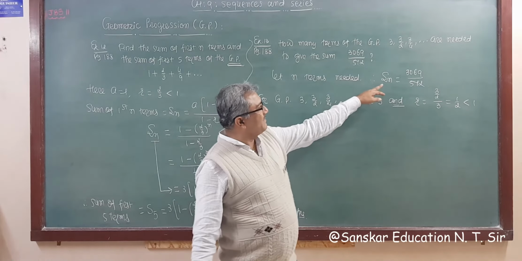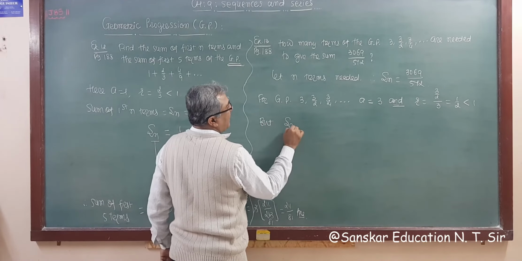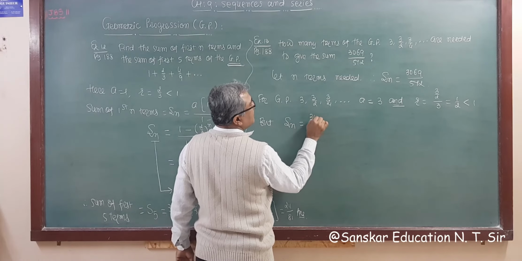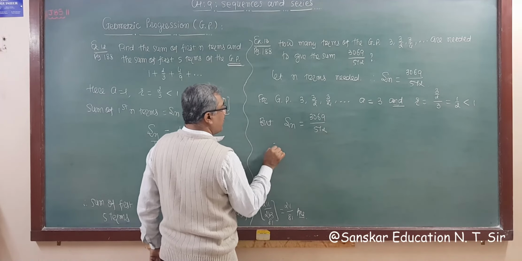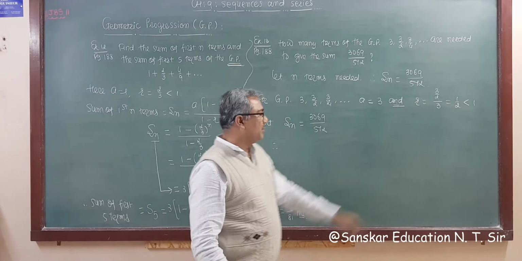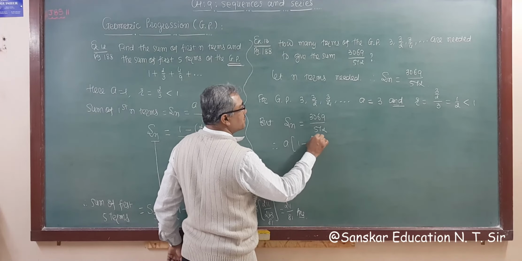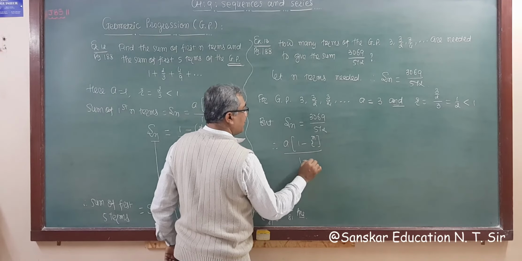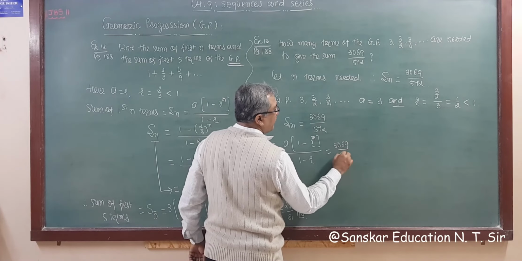Now it is given that Sn is equal to 3069 upon 512. Now the formula for Sn, since r is less than 1, is a into 1 minus r raised to n whole upon 1 minus r, equal to 3069 upon 512.